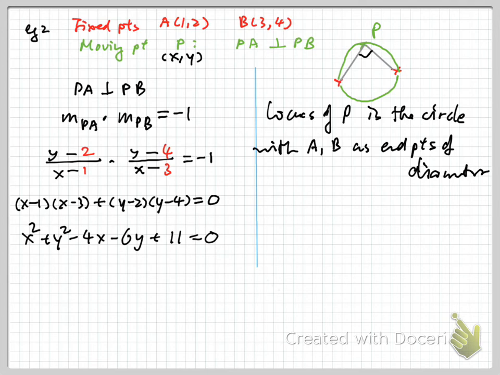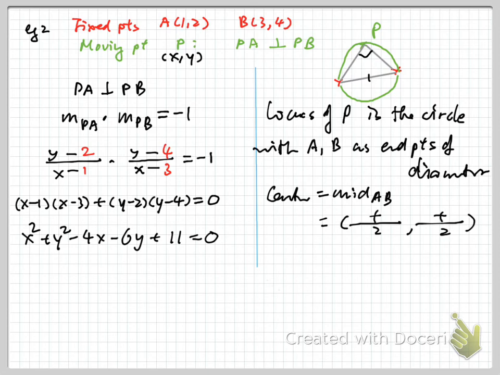We know that the midpoint of AB will therefore be the center. So the center will be the midpoint of AB, and that goes to calculate the midpoint of AB. A is 1, 2, B is 3, 4. So the midpoint of AB is 2 and 3.